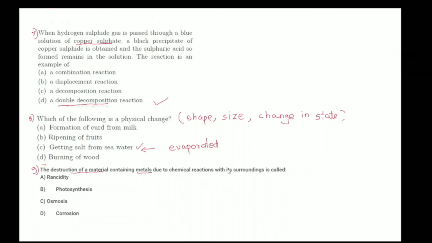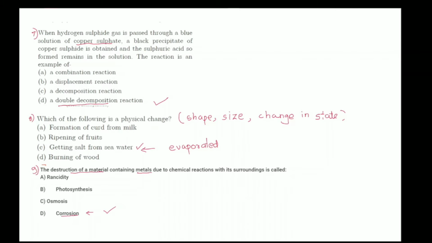It is reacting with surrounding things and getting converted. Yes, that process of conversion of metal to something else can only be called the corrosion process, and the corroded material. Okay, so we have the answer as corrosion.